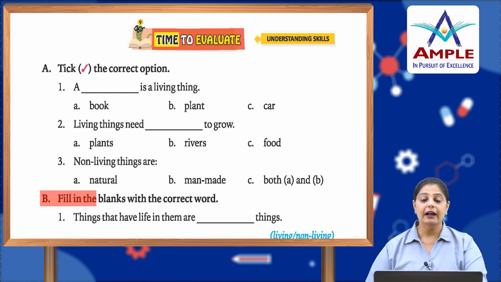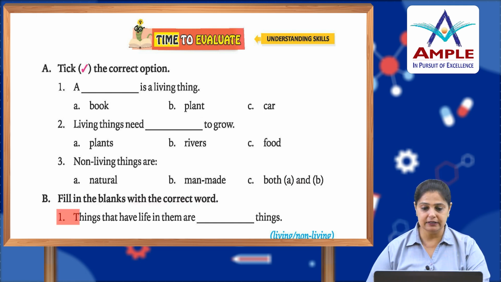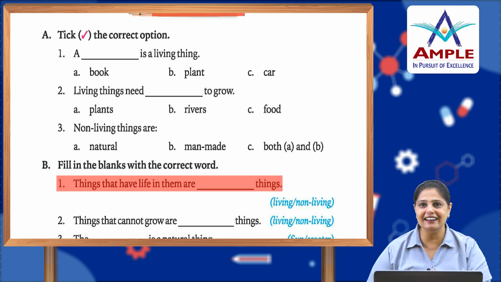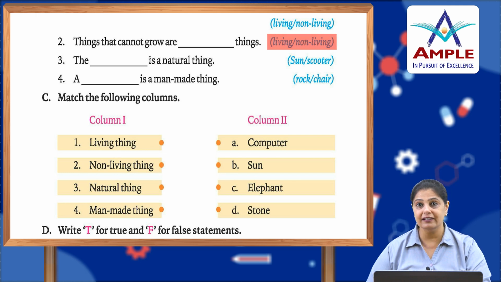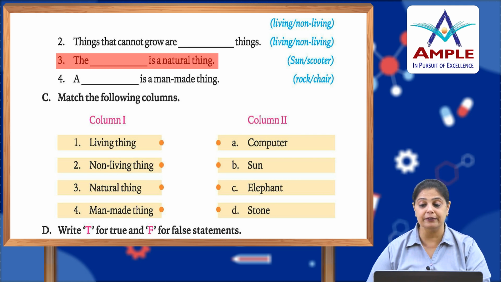Okay, now fill in the blanks with correct word. Things that have life in them are called living or non-living things. They are absolutely right. They are living things. Things that cannot grow are dash things. Living or non-living? They are non-living. Right. The third one, the dash is a natural thing.